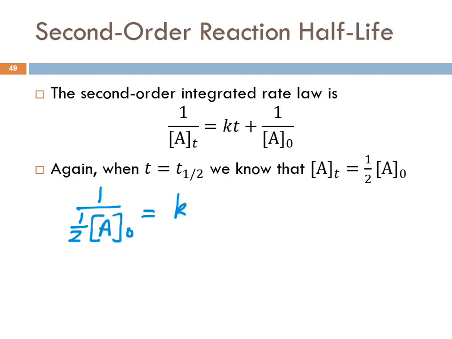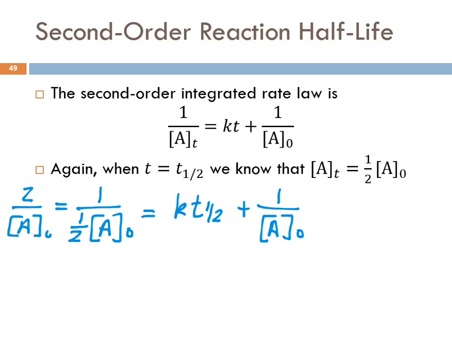That's going to equal K T1/2 plus 1 over A0. So what does this equal? I don't like fractions in the denominator there. That's 2 over A0, right?